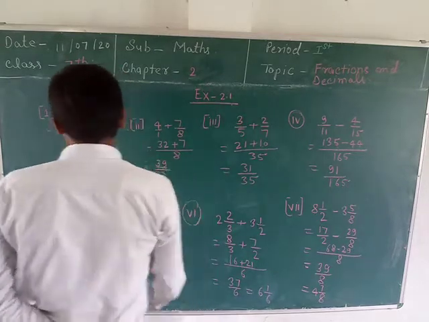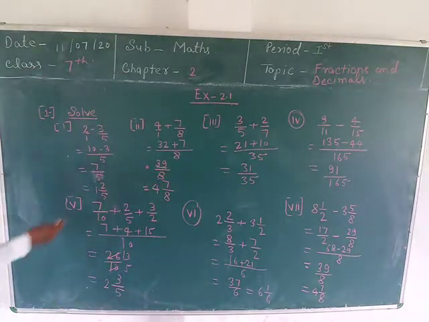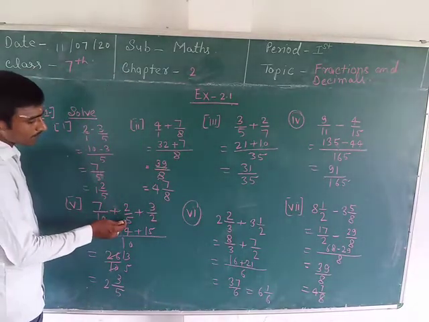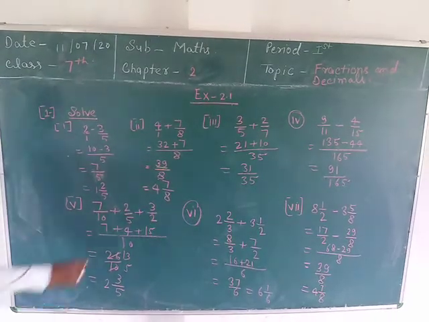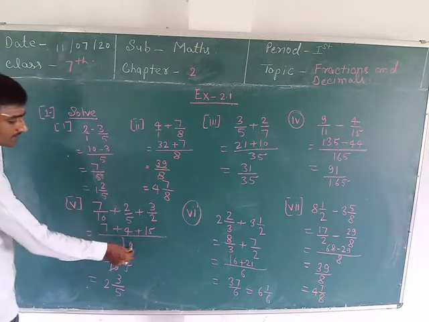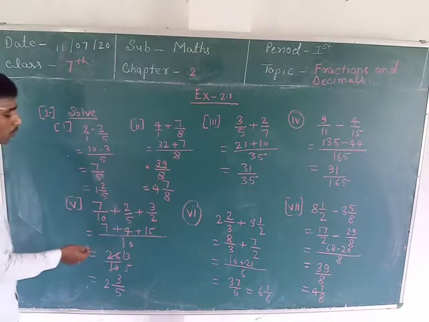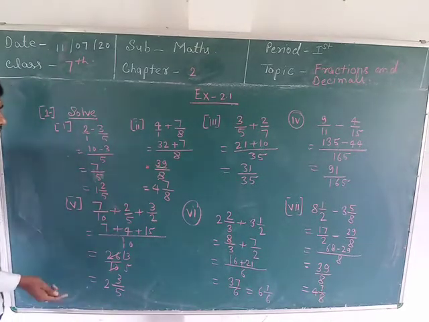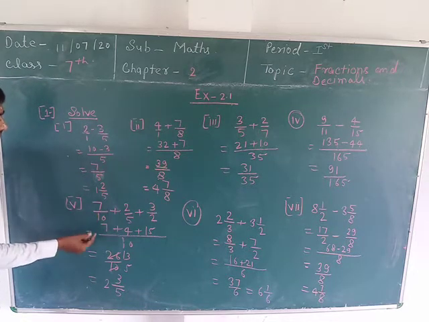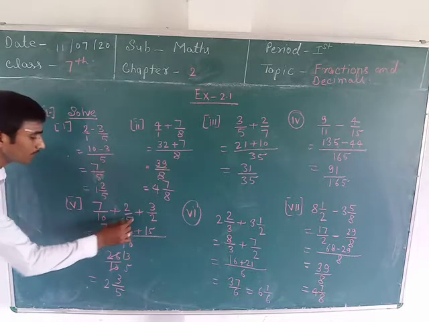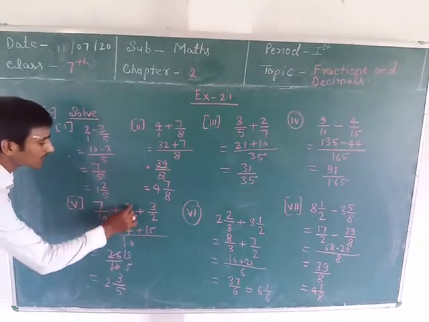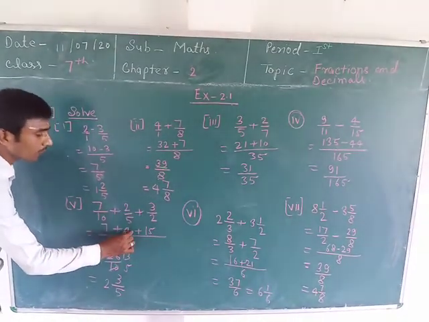Next, question number 5. 7 upon 10 plus 2 upon 5 plus 3 upon 2. The LCM of 10, 5 and 2 is 10. Now we divide 10 by 10, we get 1. 1 multiplied by 7, we get 7. Now we divide 10 by 5, we get 2. 2 multiplied by 2, we get 4.